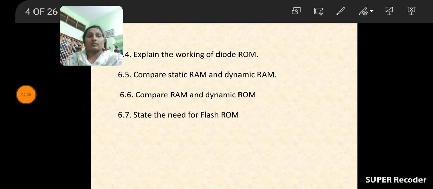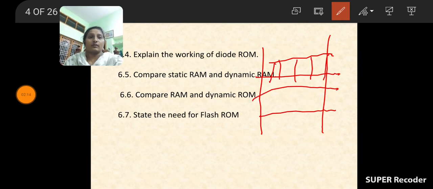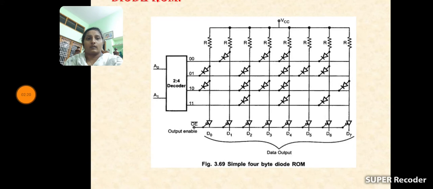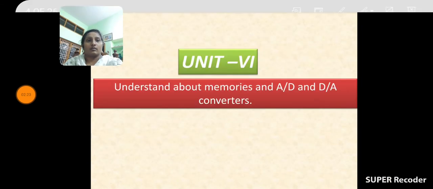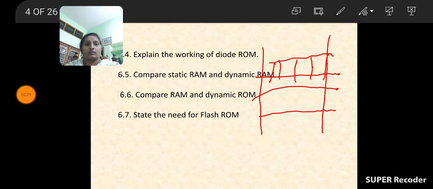Let me revise by drawing the diagram. If it is a memory, these are the locations, that means registers. The locations consist of groups of flip-flops. All these are flip-flops. Each and every flip-flop is called a cell. A group of cells forms one location, simply one register.